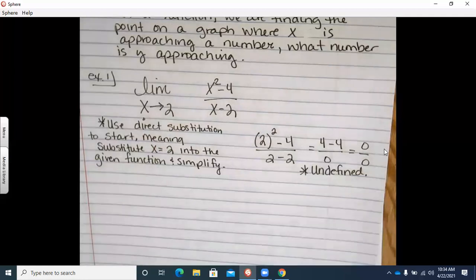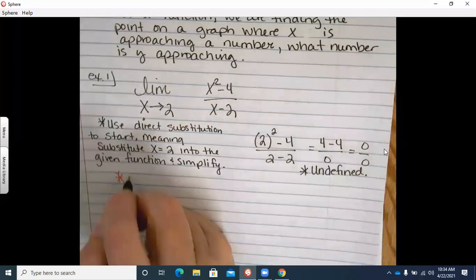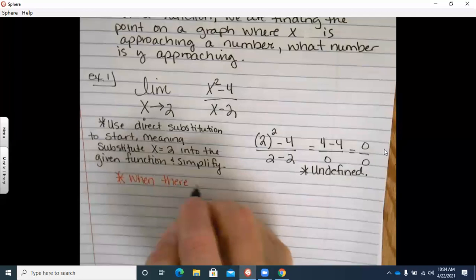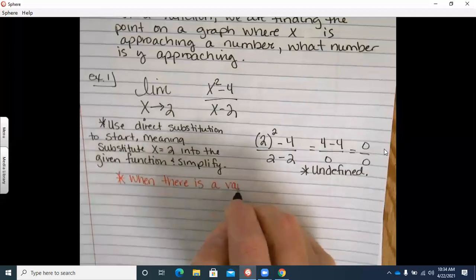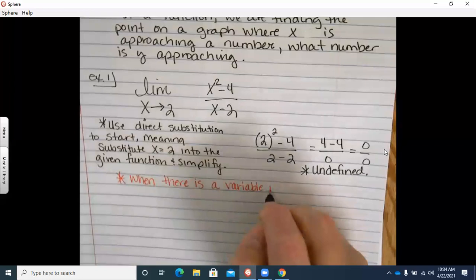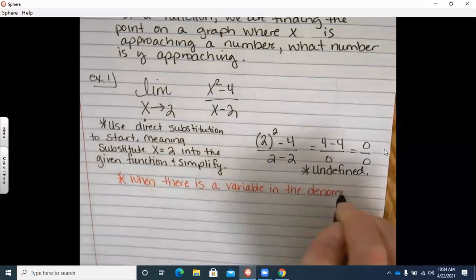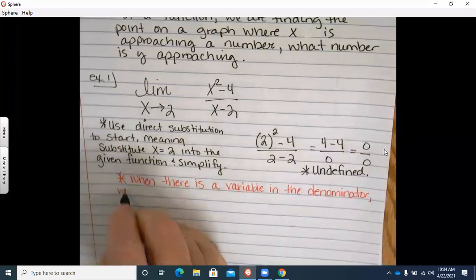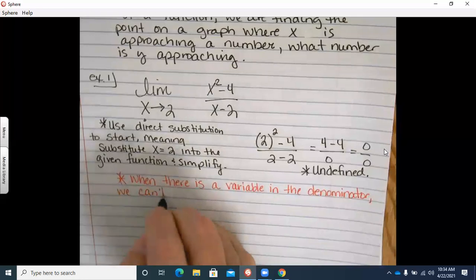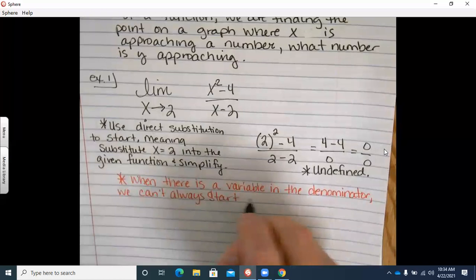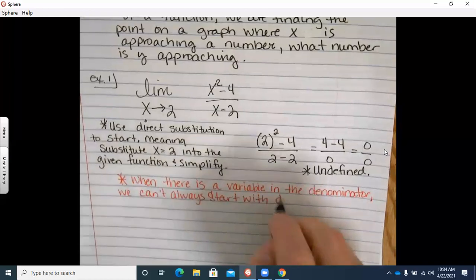When there is a variable in the denominator, we can't always start with direct substitution.